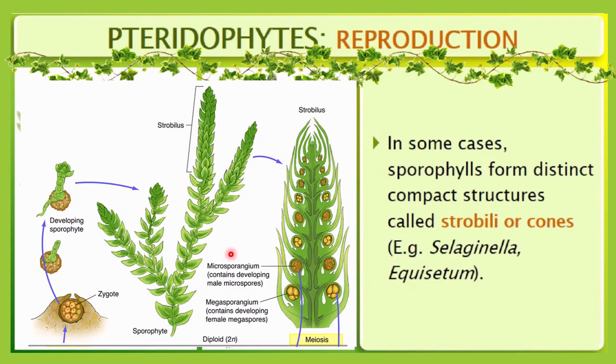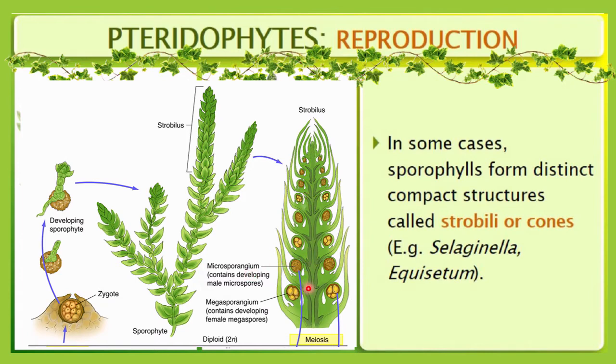Here you can see on this diagram, this is the strobilus, which will have microsporangium as well as megasporangium. So many megasporangia and so many microsporangia together on a single structure, and such a whole structure along with the sporophylls is called a strobilus or cone. Sometimes only microsporangium is found in one cone, and that is called a male cone.